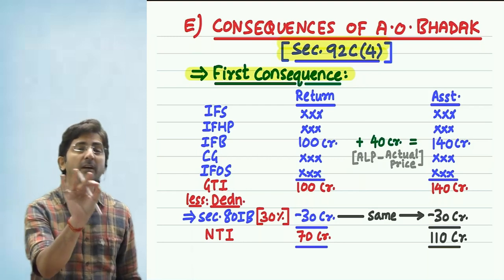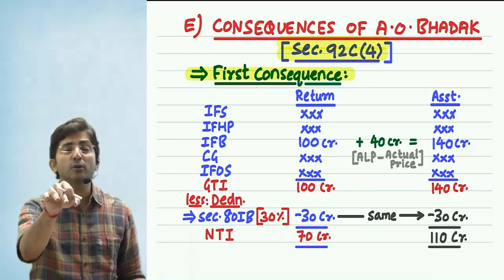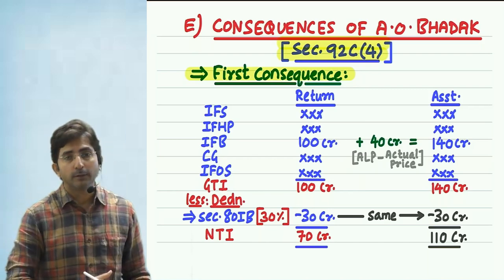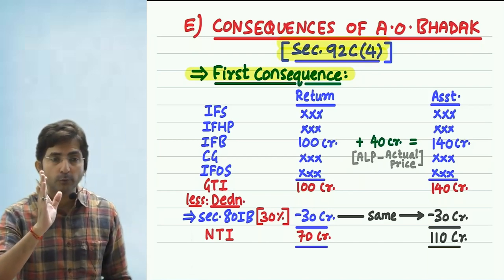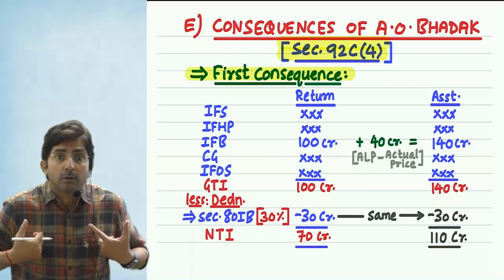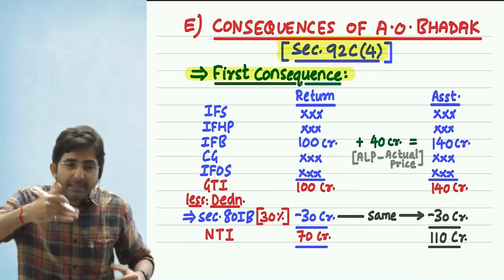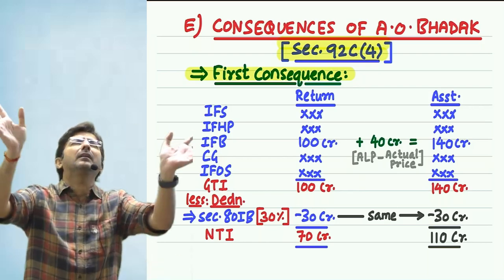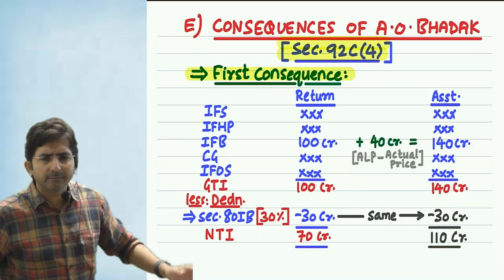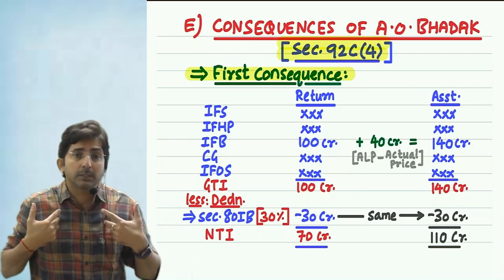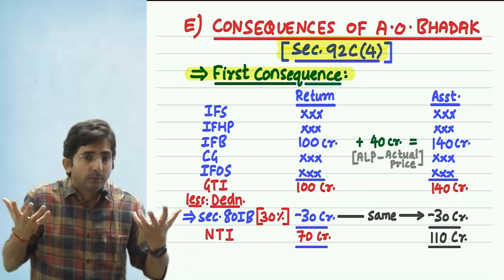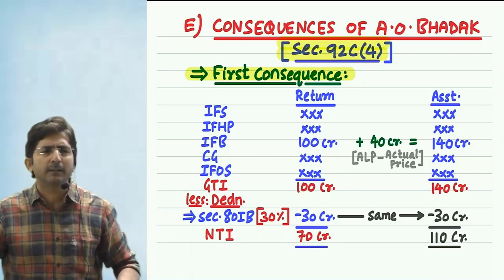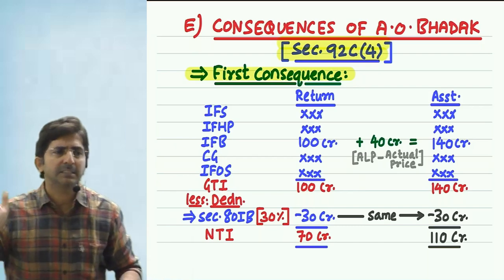This is the consequence. You are not feeling hurt because it is not your money. Think from the assessee's point of view. For him it's a shock. People who get 80IA, 80IB are used to one thing: whatever I earn, 30% is tax free.